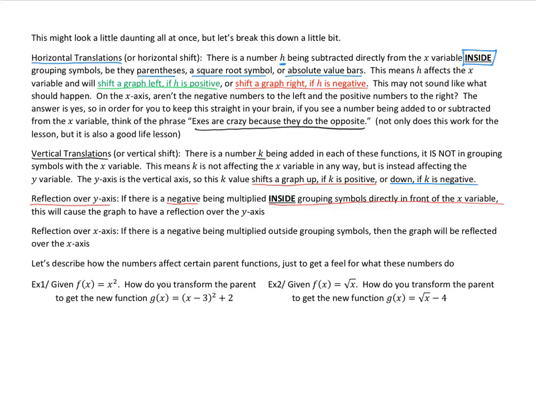That's how you will get a reflection over the y-axis. And then lastly, the reflection over the x-axis, which is much more common, if there's a negative being multiplied outside of grouping symbols, but it'll still be in the front of everything. That's how you know that it'll have a reflection over the y-axis. I'm sorry, x-axis.